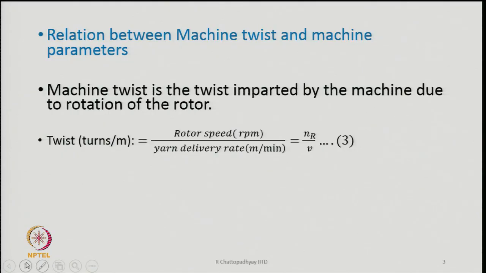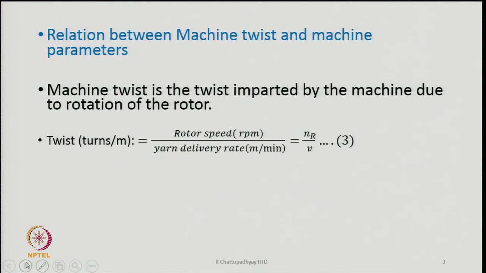Now, when it comes to the machine, the twist that the machine is going to generate in turns per meter is the rotor speed in revolutions per minute divided by the yarn delivery rate in meters per minute. So, RPM stands for revolutions per minute and yarn delivery rate is also in meters per minute. This ratio is the twist that is generated by the machine.